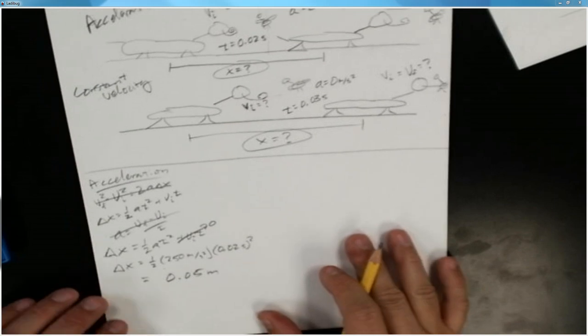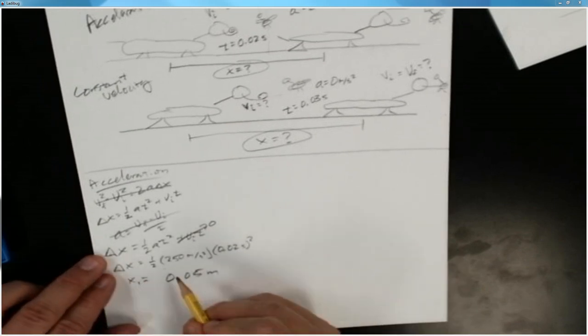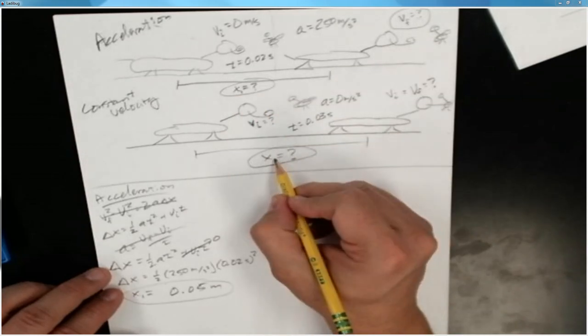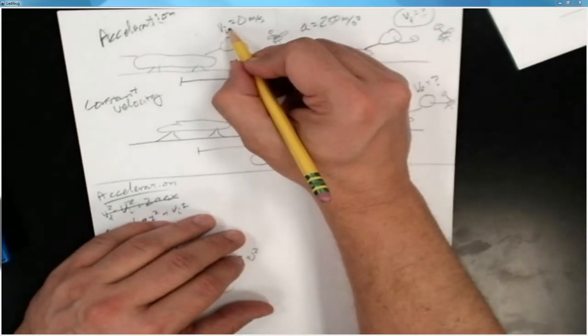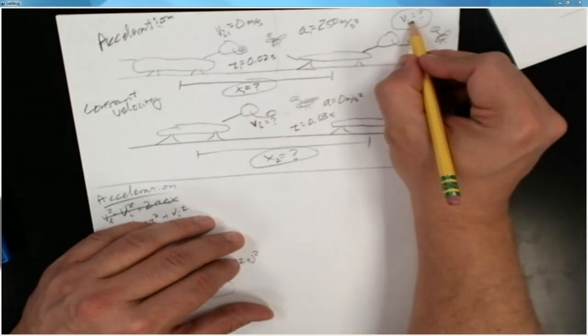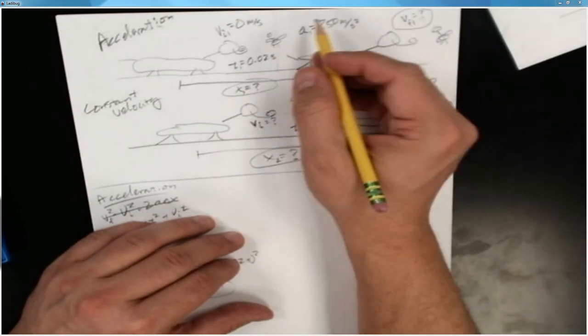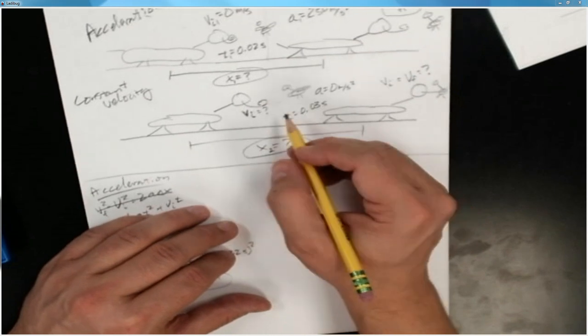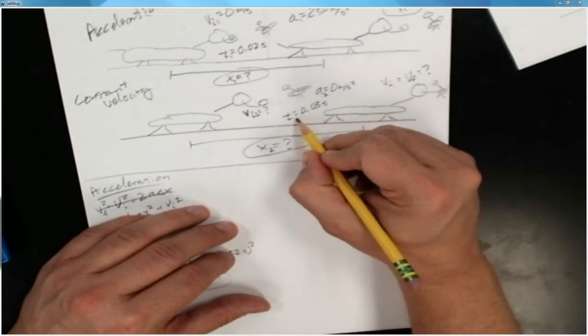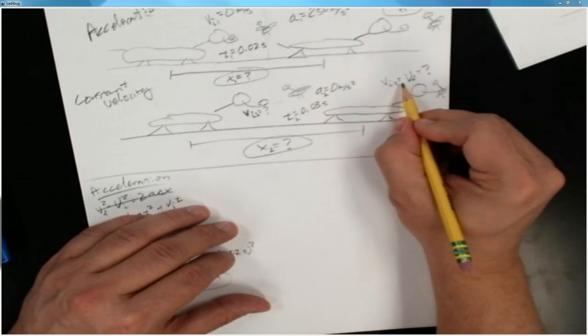All right, so that's how far his tongue went. I'm going to call this 1 and this 2. So this will be 1, 1, 1, 1, to keep them all separate since the pictures are so close together. And this will be 2, 2, 2, 2.